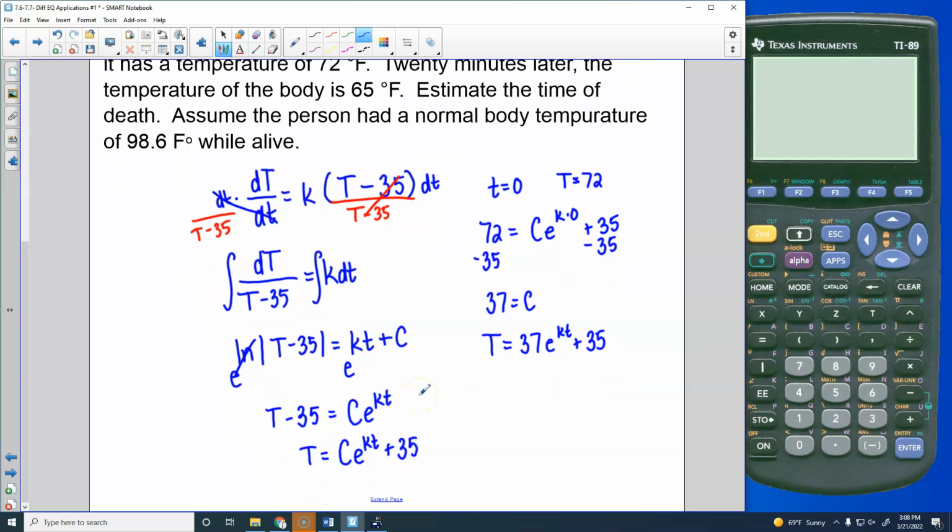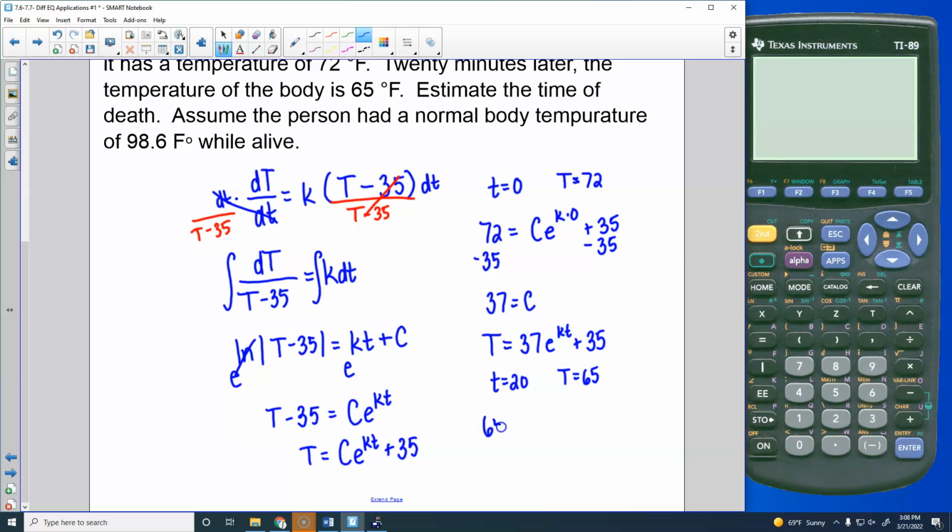What's our next piece of information that we have? At 20 minutes, we got 65 degrees. So that's when t equals 20, capital T equals 65. So we're going to plug this information in to find our k.